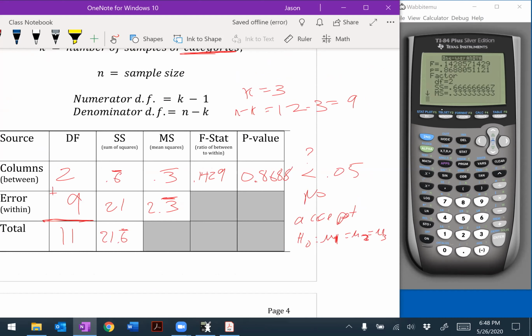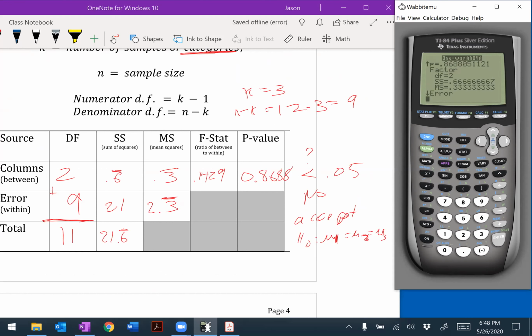Okay, the degrees of freedom for the factor, that's between the groups, that's going to be 2. Okay, and then the sum of the squares for the columns is 0.6 repeated, and the mean sum of the squares, or the average, is 0.3 repeated. Okay, the error is within, sorry, within.